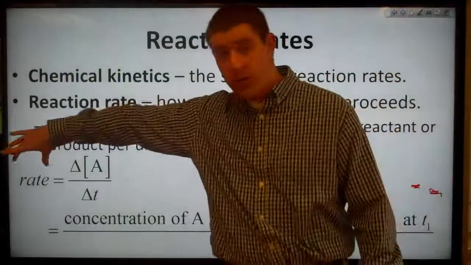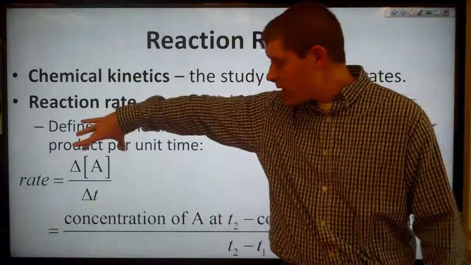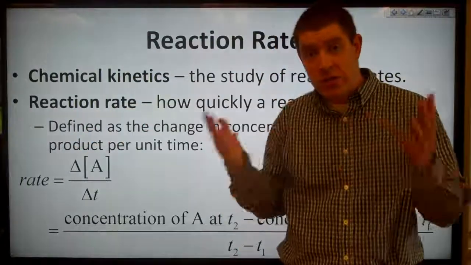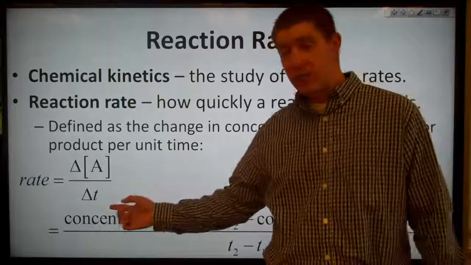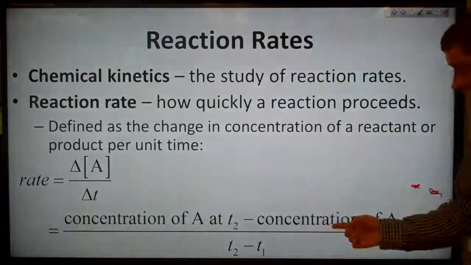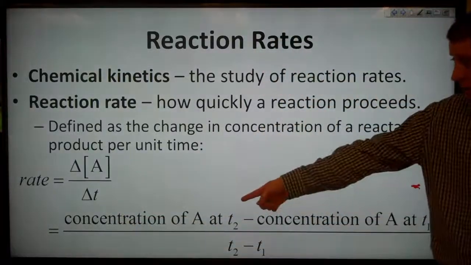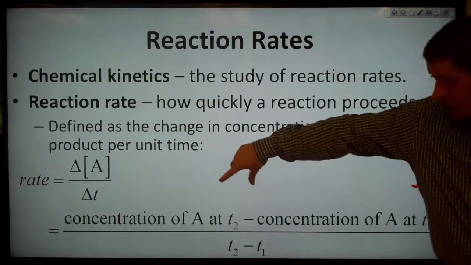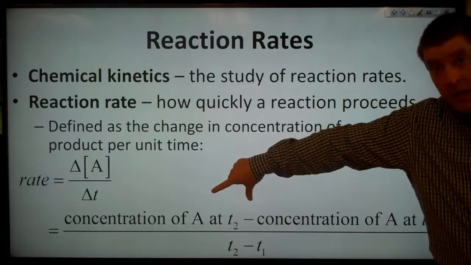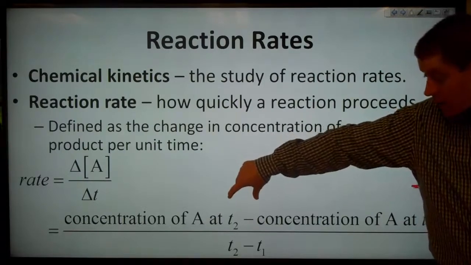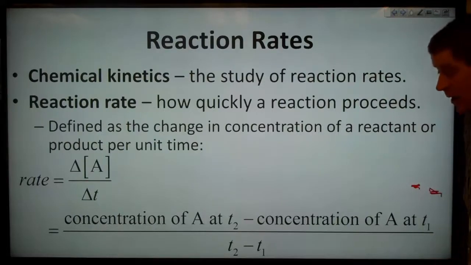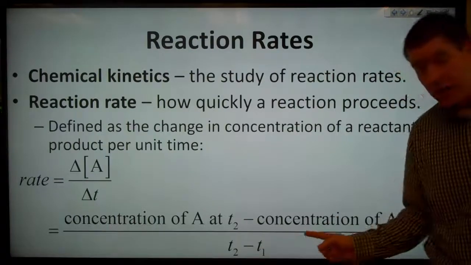The reaction rate is equal to a change in concentration, in this case of some species A, over some change in time. We can write that as a change in concentration over change in time, or as the concentration of A at time 2 minus the concentration of A at time 1, divided by time 2 minus time 1.